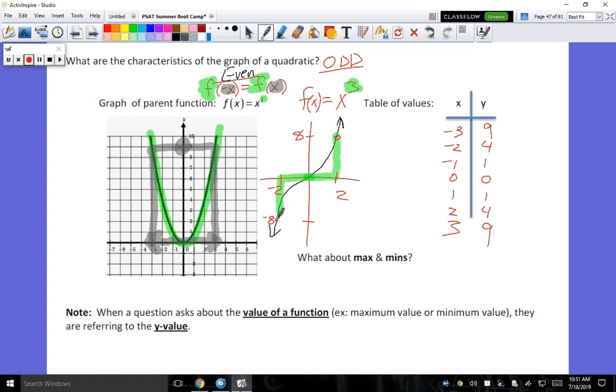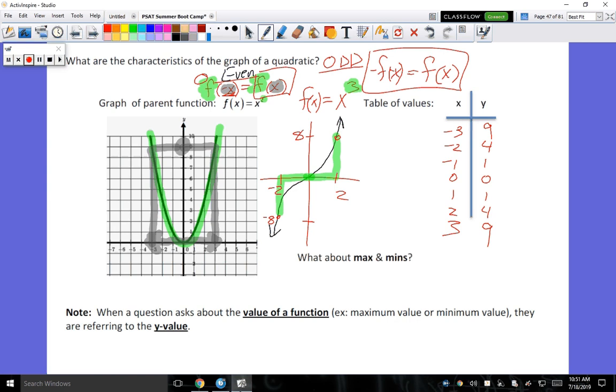Now, this one looks weird because it looks like this. So pretend like this is the original, and this is opposite input yields the same output. So that this would look like opposite inputs yield opposite outputs. You with me? Okay. All right.